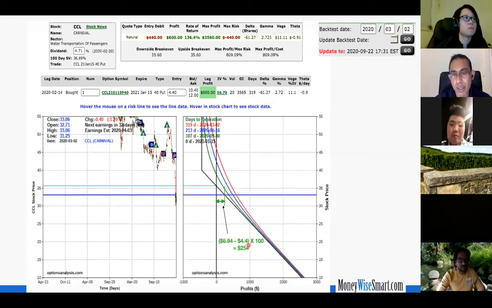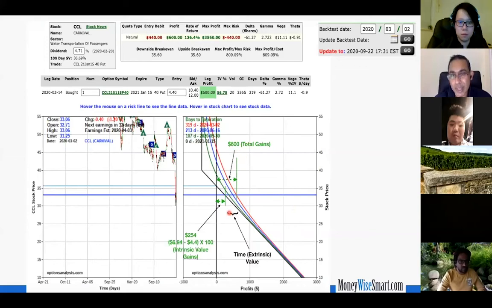So this is the gain purely from intrinsic value, that is $254. But my current market gain on this option because of the market price is $600. So this difference is basically the time value or the extrinsic value. So this is how it's represented on the payoff diagram.